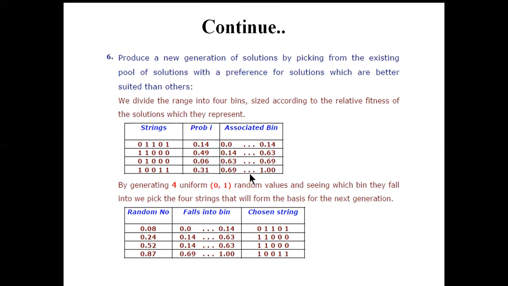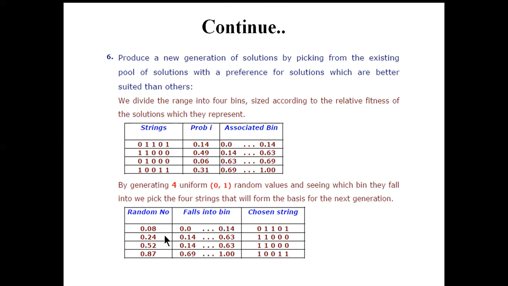Now the next point is that we need to generate a random number. Suppose the random number is 0.52. If the generated random number is 0.52 for the first time, it will fall in this range and the corresponding second parent will be selected. As the range of this second subpart is very large, the selection of this string will be very high, so the maximum number of random numbers will fall into this area.